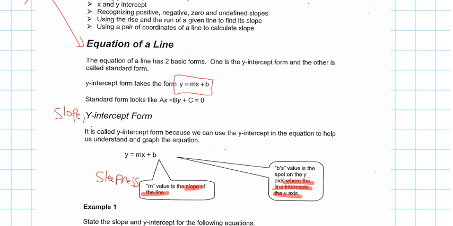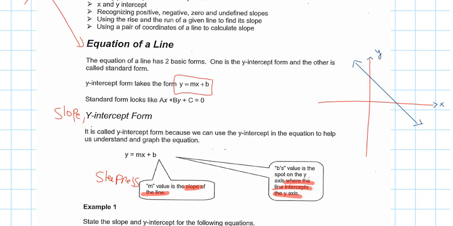So if I have my grid and I have this line, okay? The grid is, this is your x-axis on the grid, and this is your y-axis. They never change. X is always the horizontal, y is always the vertical, okay?